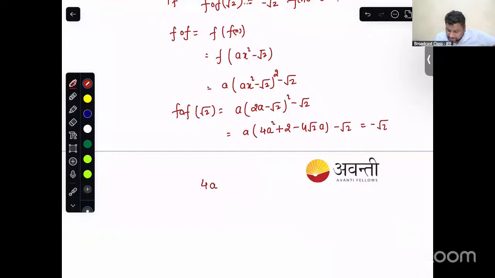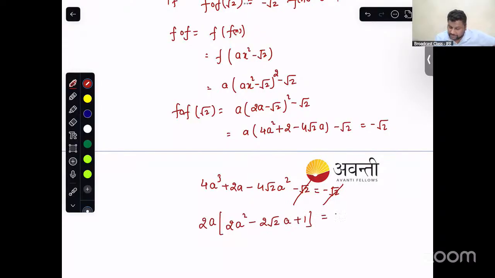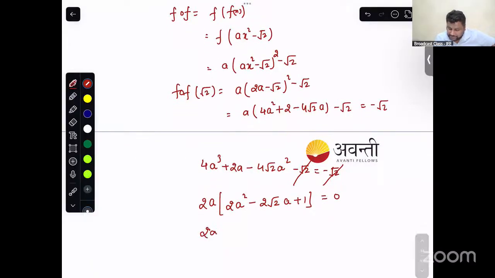That means 4a cube plus 2a minus 4 root 2 a square minus root 2 is minus root 2. They are cancelled. So you get a common, even 2 also common. You get 2a square (2a square minus 4 root 2 a plus 2) equals 0.